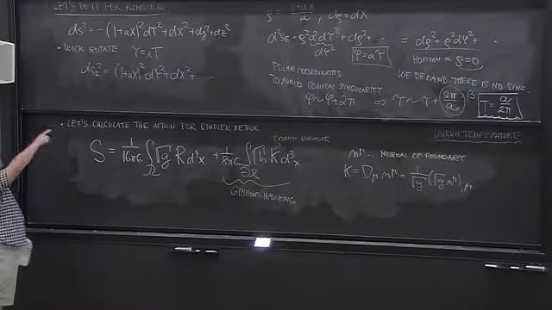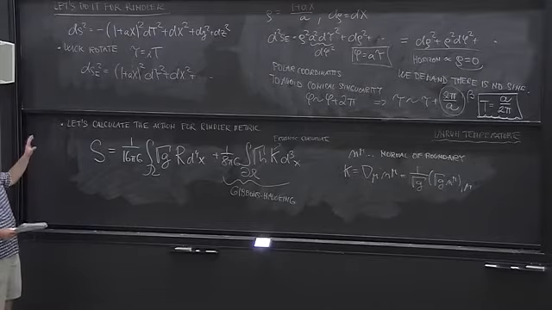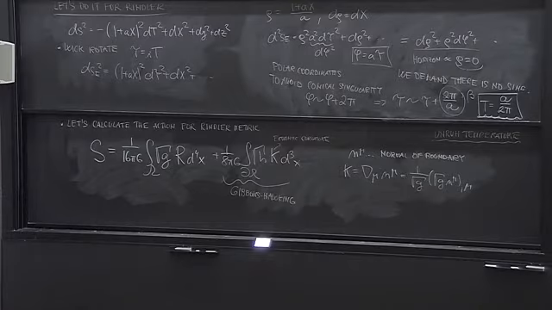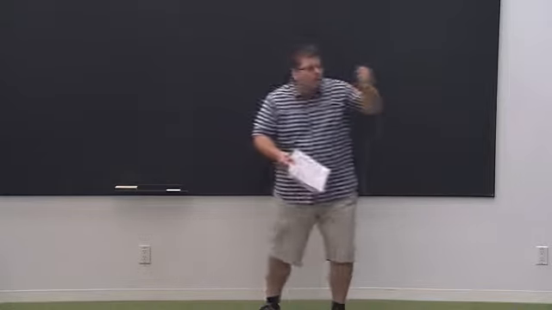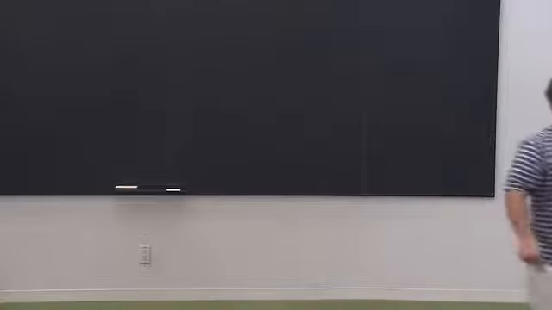Our Rindler space is valid for x bigger than x plus all the way to infinity. Okay, and then t is now the Euclidean t, so that's periodically identified with the period beta. So that's this thing here.